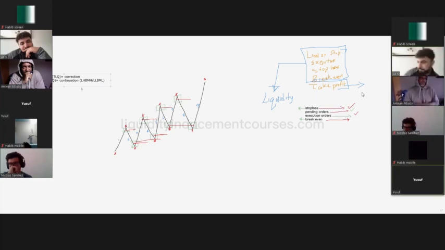Then we have the inducement liquidity, and this is the liquidity for expansion, and that's the liquidity that often gives you MSU.